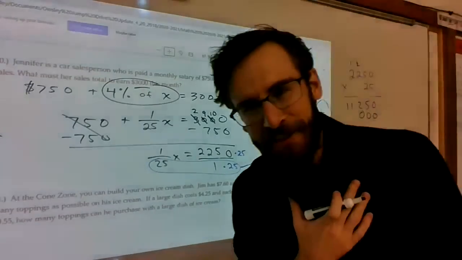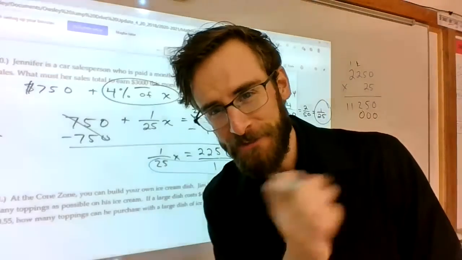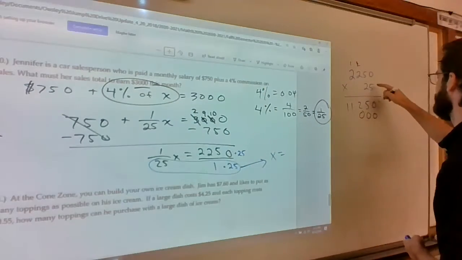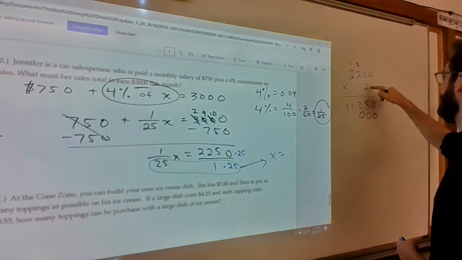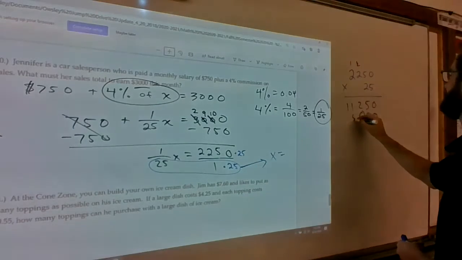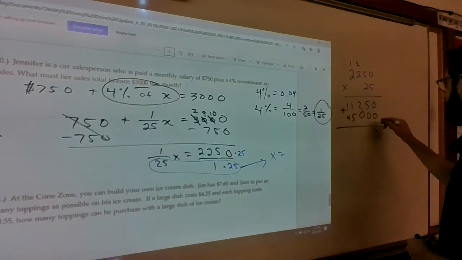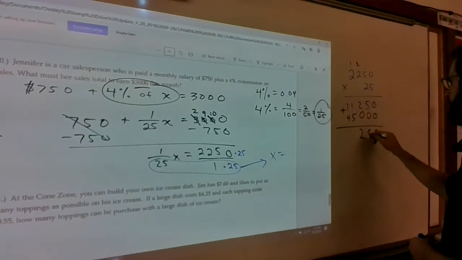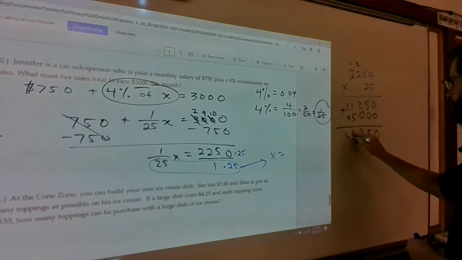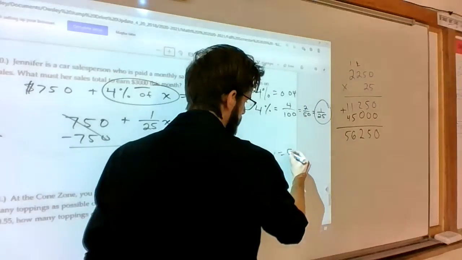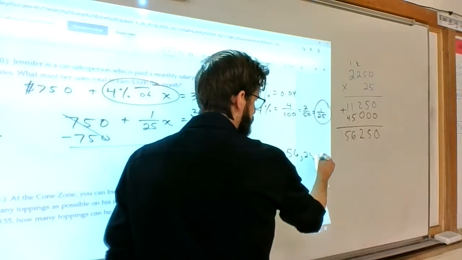Excuse me, I've got the hiccups right now, but I'm already too deep into the video to stop it, so just bear with me. So 0, 0, 0, 1. We got it. 56,250.